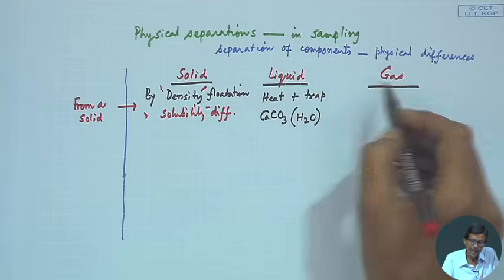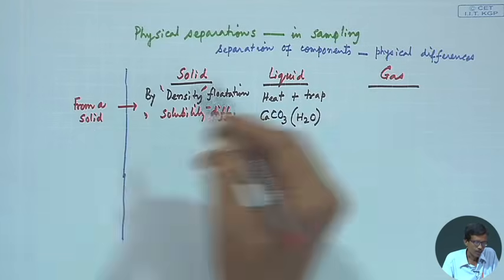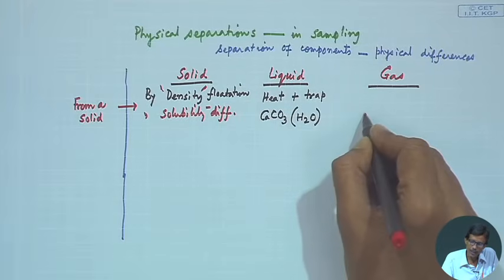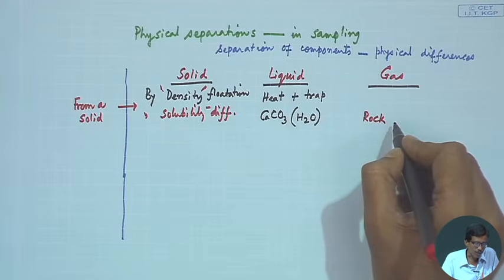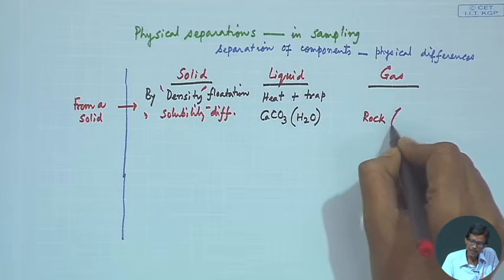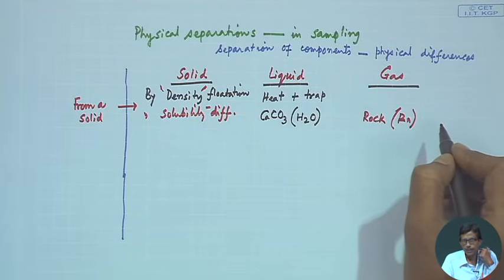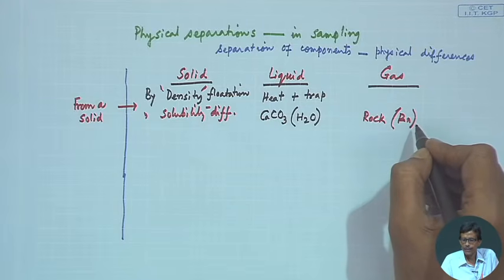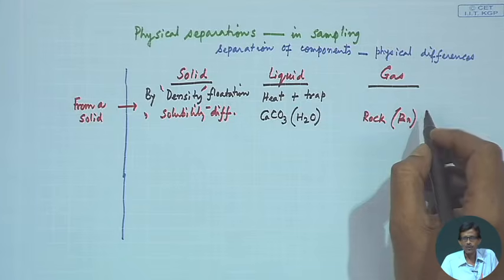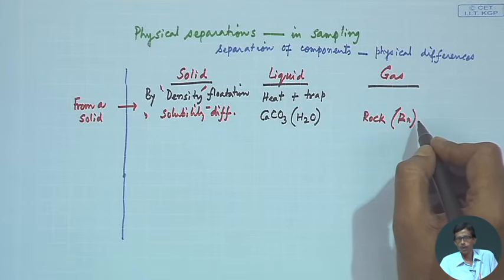Now, if we have a gas and want to separate it from a solid material, what can we do? If there is a rock sample, it can have some gas. We all know that the gas radon is trapped within some rock. Similarly, nowadays we know of shale gas, and that methane is available from the coal bed.